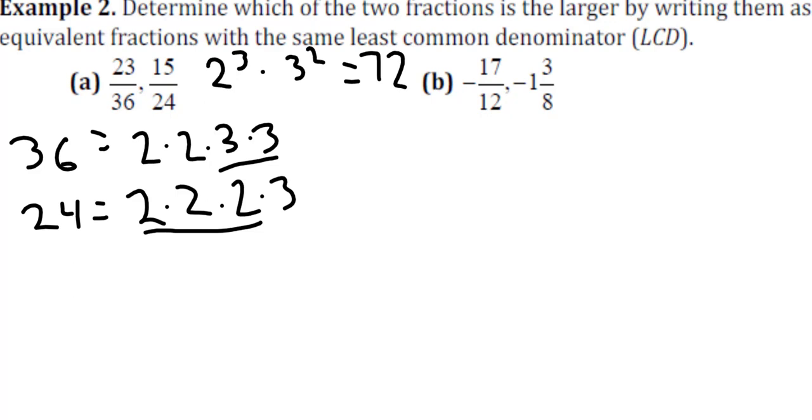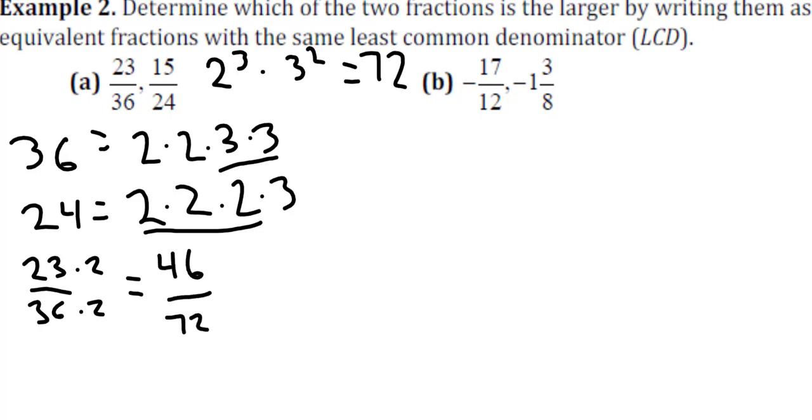So what that means is we have to multiply the numerator and denominator of the first fraction by 2 to make it 72. And that's going to give us 46 over 72. And then we do the same thing for 15 24ths. So for 15 24ths, we need to multiply the top and bottom by 3 here to make the 24 72.